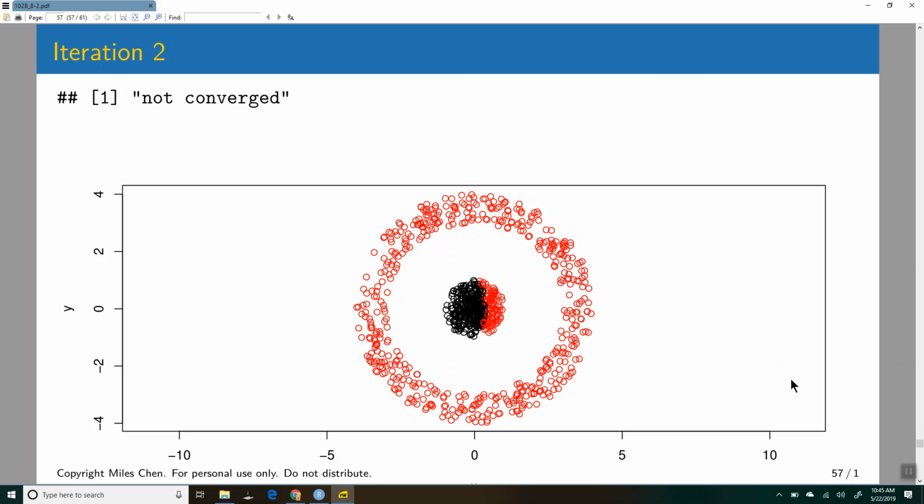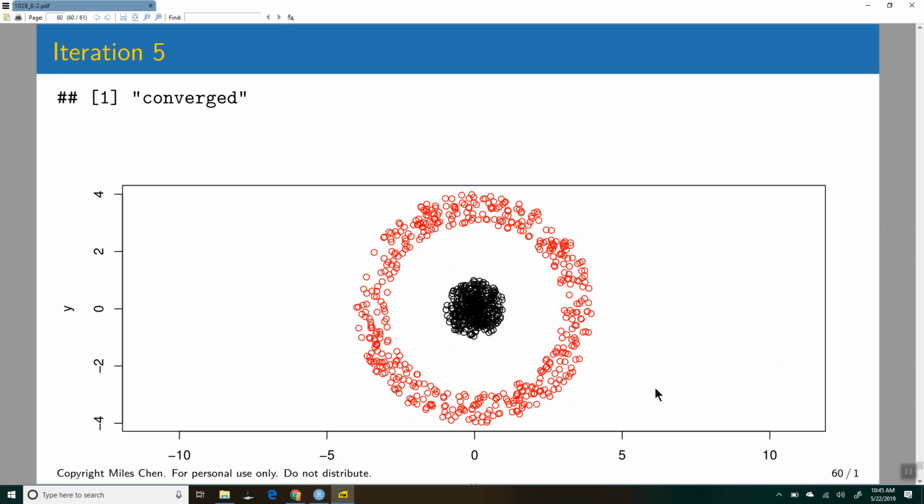And we do this again, calculating the distance to the centroid, and eventually it gets to this point, and at the next iteration, it doesn't make any new assignments, and it has clustered our points correctly here, okay?